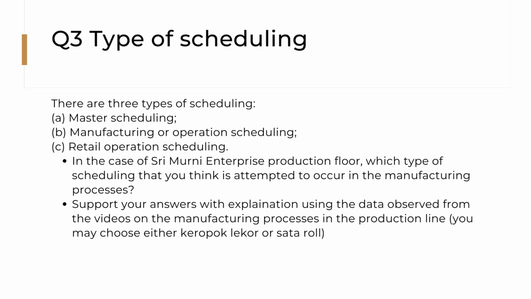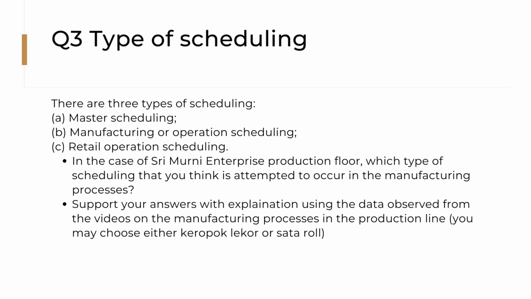For the third question, it is the type of scheduling, if there is any. Or if it's not completely available or shown, maybe you can assume that it is attempting any of these 3 types of scheduling.